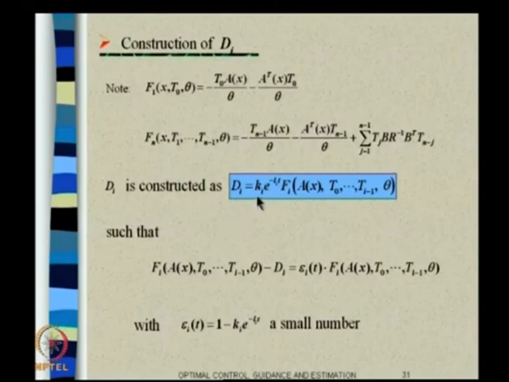So, it will satisfy this kind of relationship, where epsilon i is in this form, if you take Di this way. The claim here is if you do not do that, then it requires a large amount of control, so you have to be careful to tune this Ki Li in such a way that the control requirement will be smaller.